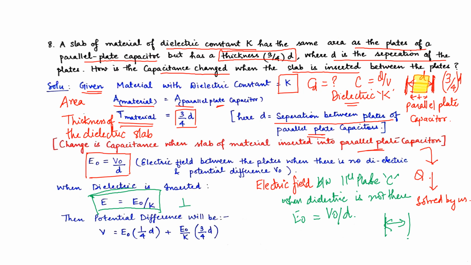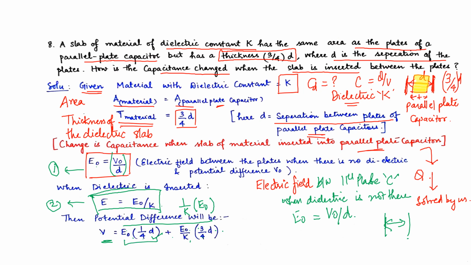It becomes 1 by K times the electric field without dielectric. Then the potential difference, with the help of equation 1 and equation 2, we can find. E is E naught by K, E naught is V naught by d. Substituting, we get the potential V equals E naught into 1 by 4 times the d plus E naught by K into 3 by 4 times the d.